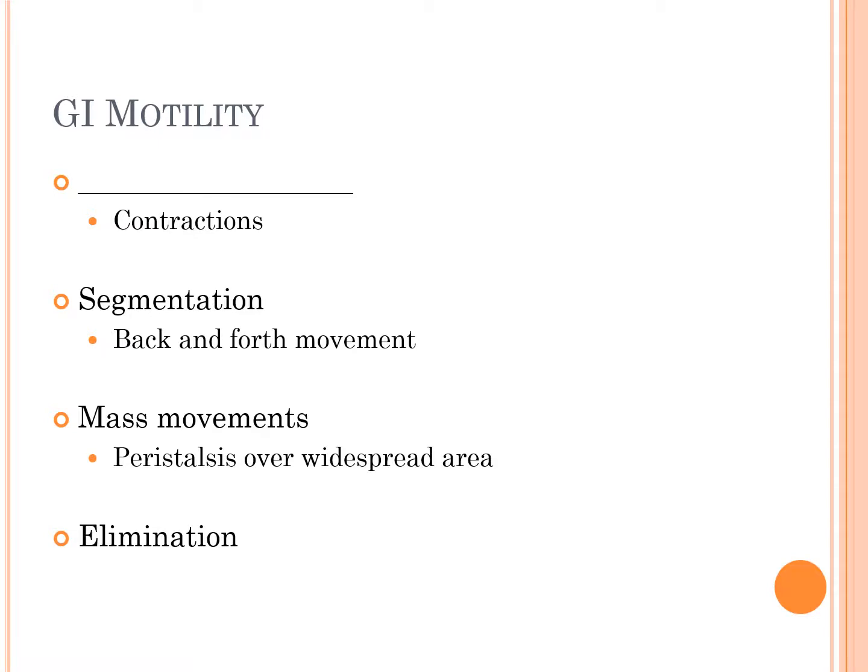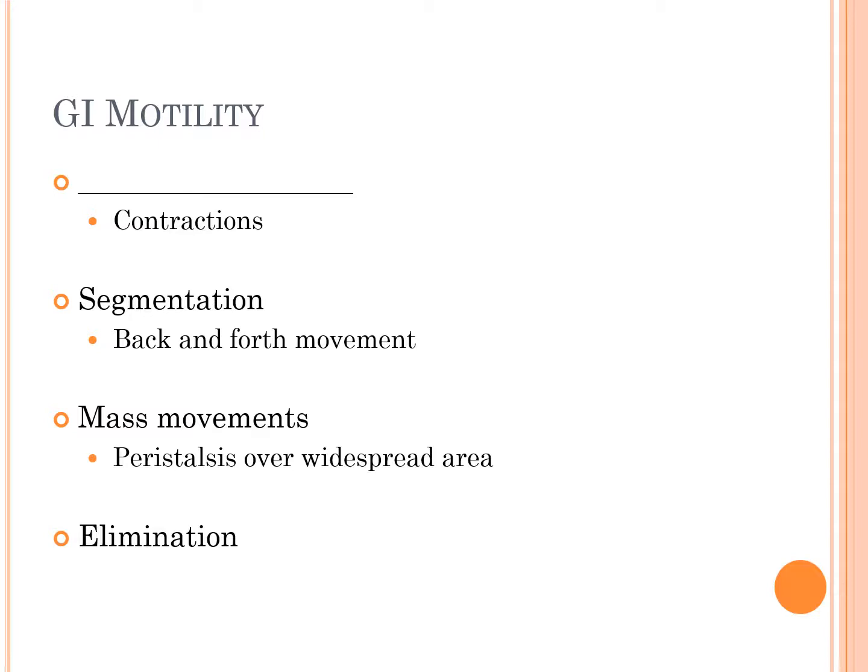Segmentation is kind of a back and forth movement within the GI tract. And I'm sorry, go back to your blank here. This should actually be peristalsis. Peristalsis. So that's the primary wave-like and moving towards the end of the digestive system movement that we talk about.